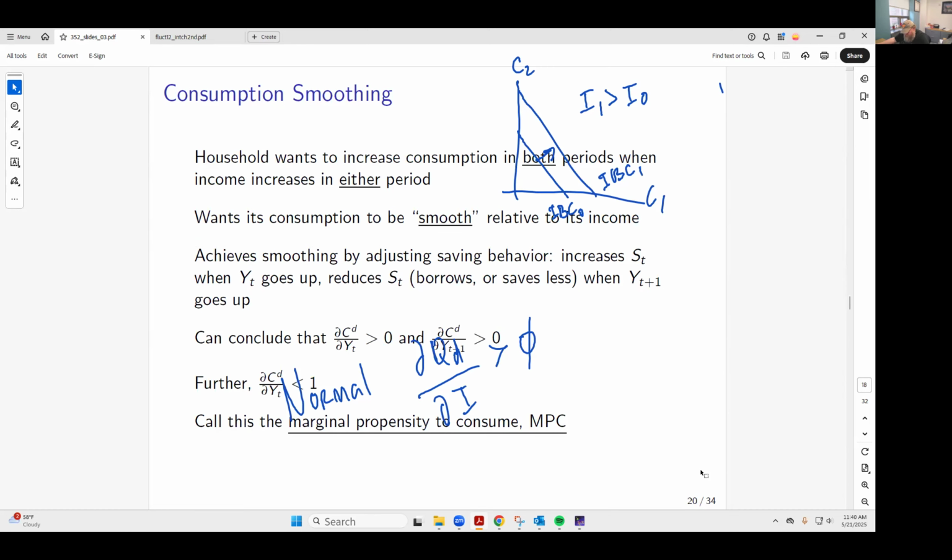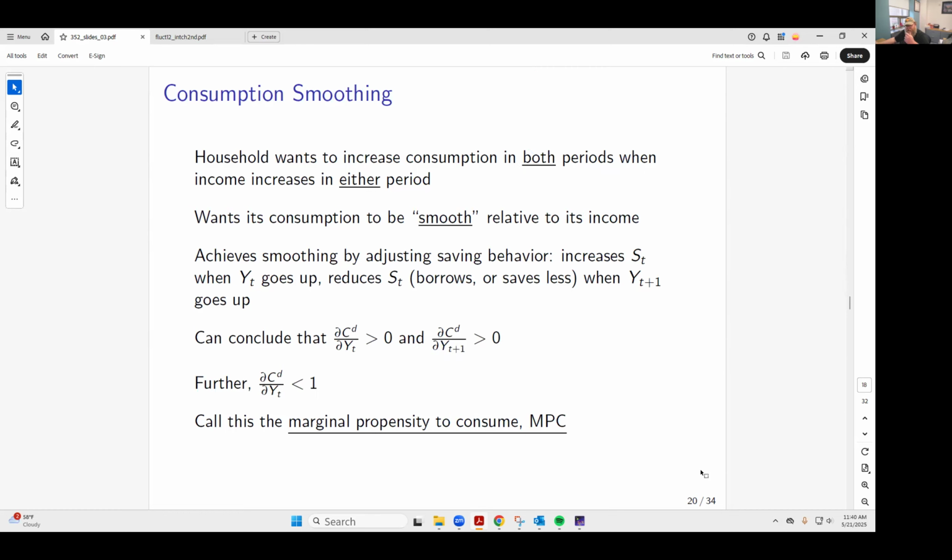I had mentioned a couple times this idea of consumption smoothing. Consumption smoothing is a pretty straightforward idea. It sounds exactly like it says, and it also has implications in terms of policy.